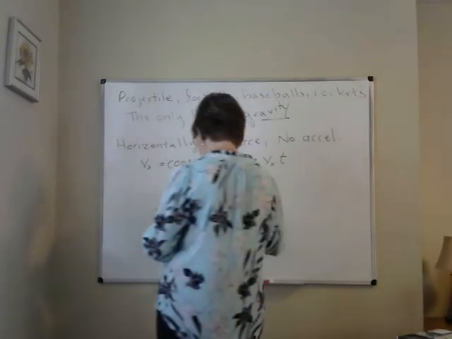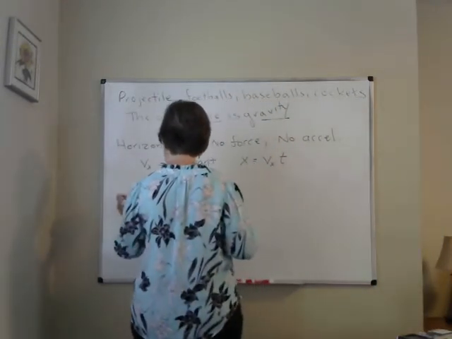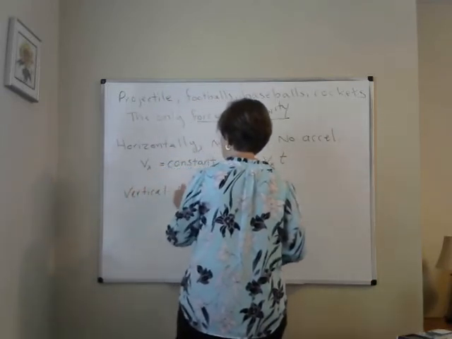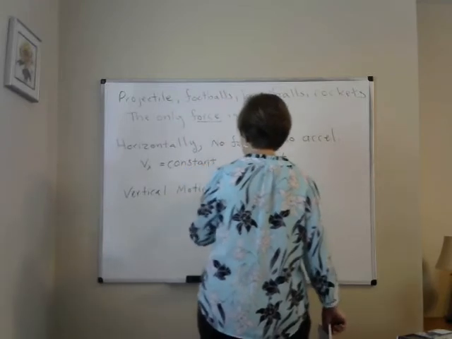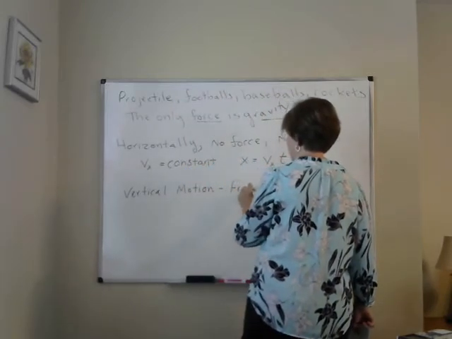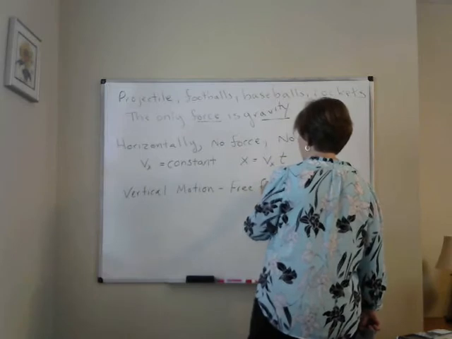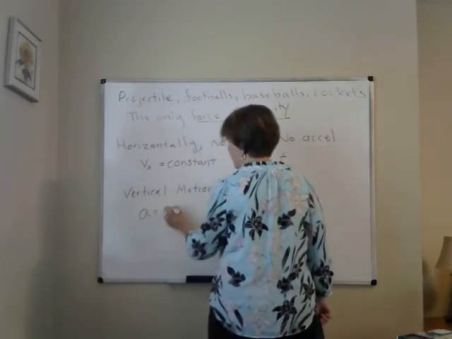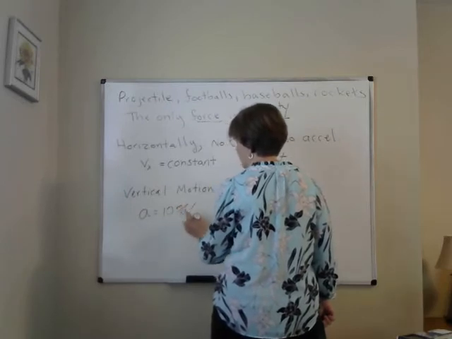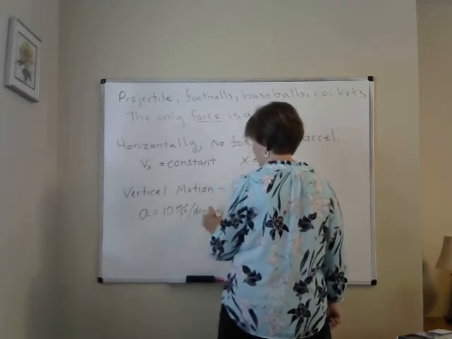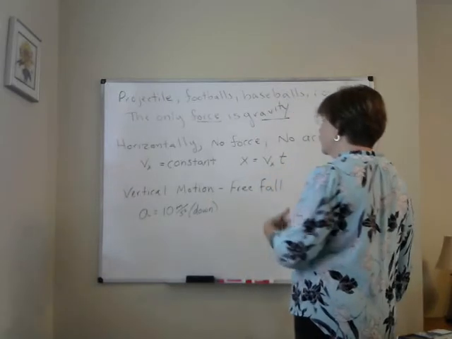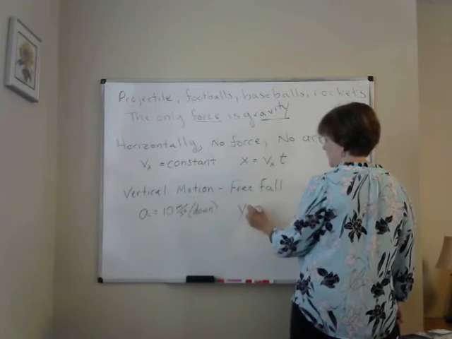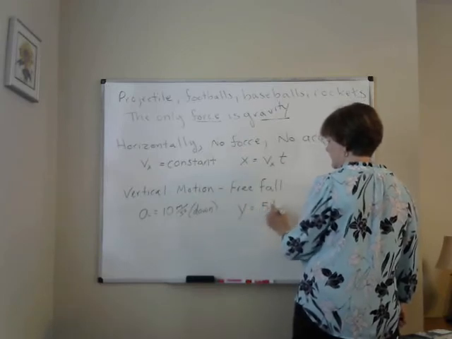Vertically, it's just like free fall. Vertically, we know that we have an acceleration that is 10 meters per second squared, and that's downward. And we know that we have a vertical drop that's equal to 5t squared.